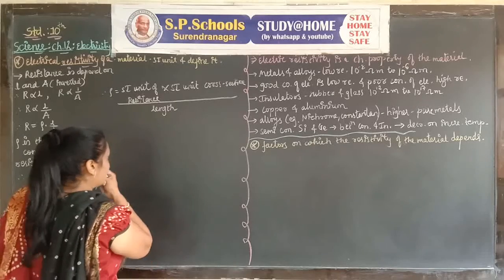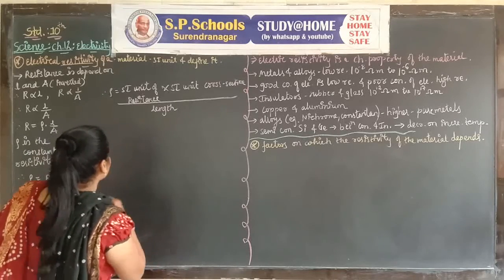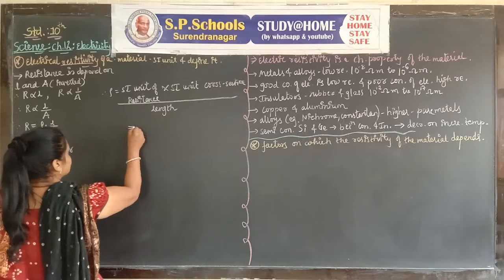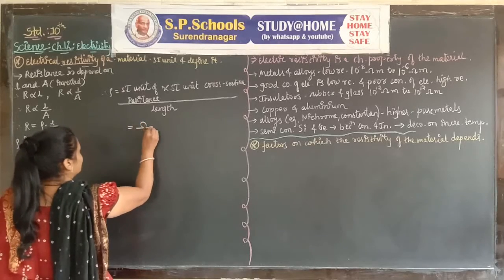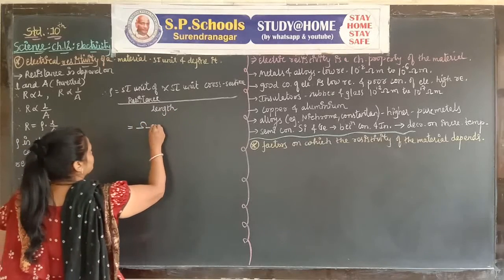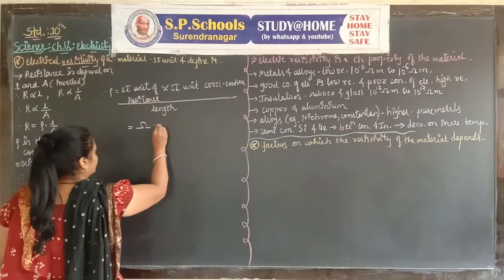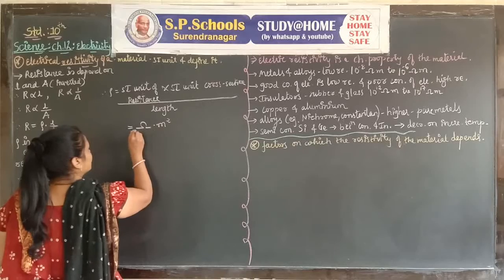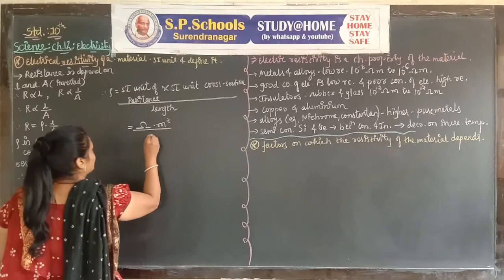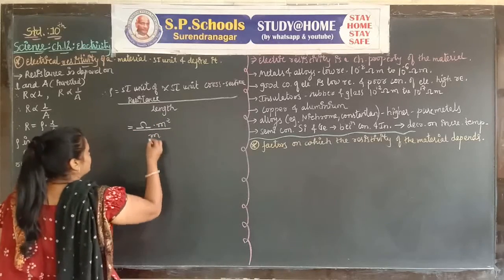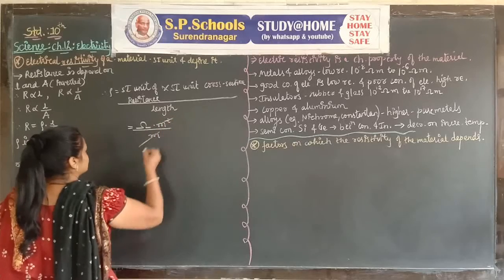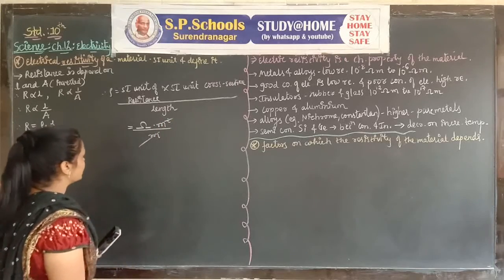We already know the SI unit of resistance is ohm. The SI unit of cross section of a given conductor is meter square and the SI unit of length is meter. One meter cancels.